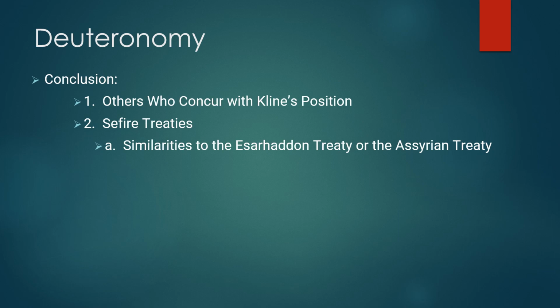With the presently available Aramaic treaties from Sefire, again, this is in North Syria, one finds no historical prologue. Some of the treaties are fragmented, but there is no historical prologue in what is extant. There is not any statement of that basic obligation either. So in those respects, you could say that the treaties from Sefire really are closer to the Esarhaddon treaties than they are to the Hittite treaties.